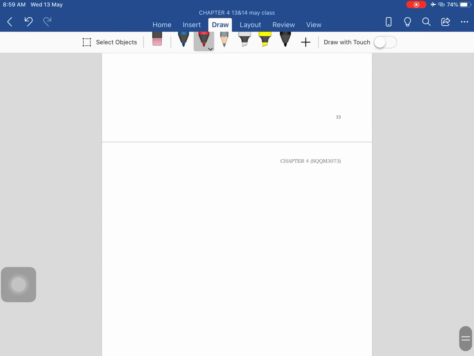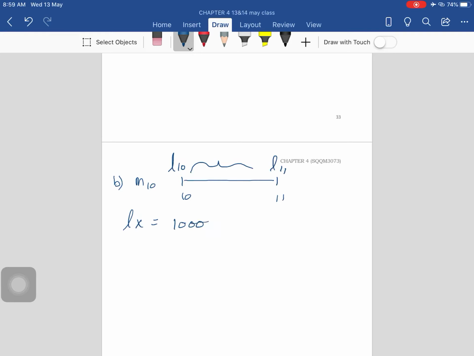Okay, we try to solve B. B is the central rate for M10. There is no number before M, meaning only 1. So 10 to 11, L10 and L11. So you want to find the central rate between L10 and L11. Again, from the previous question, we get Lx equal to 10,000 E negative 0.01x.